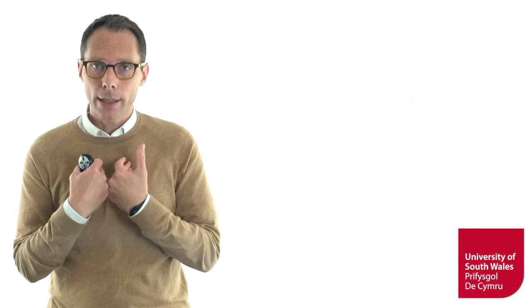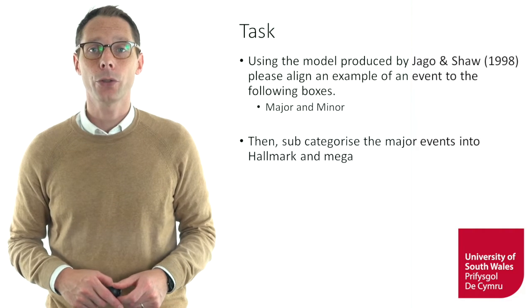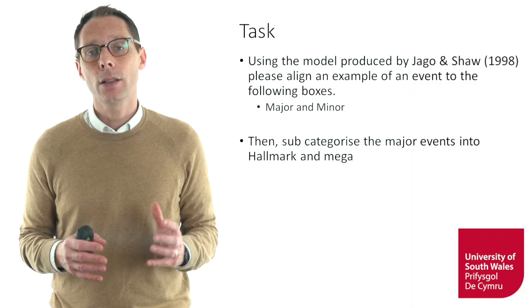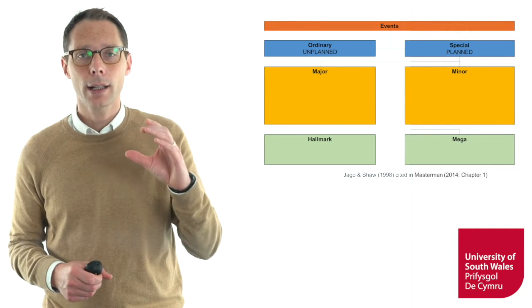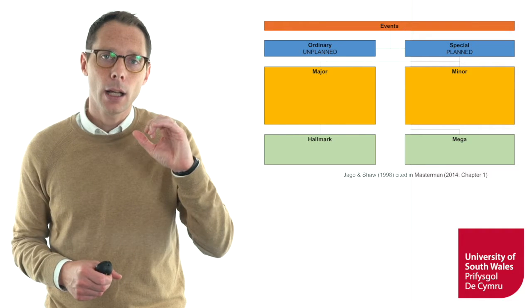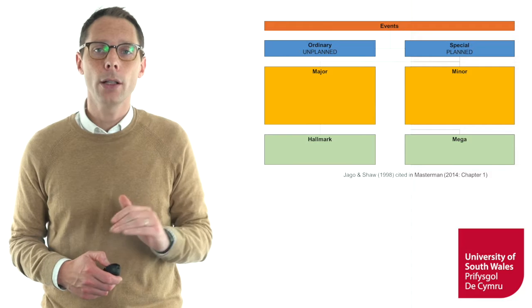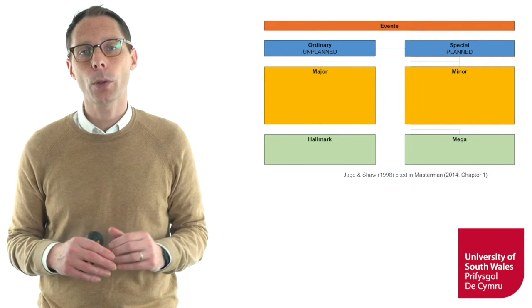It's a lot of me talking there, so I'm going to hand it over to you now. Using the model produced by Yago and Shaw, please align an example of an event to the following boxes. So those boxes highlighted in amber, the major and minor, I've outlined what they look like. I want you to give some examples and populate those boxes.